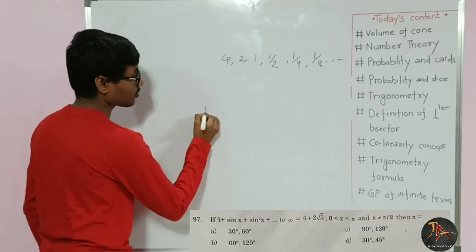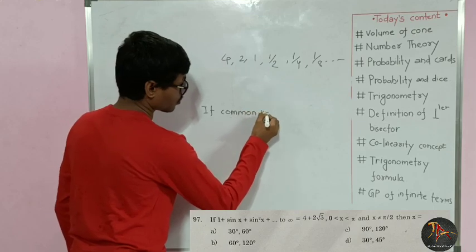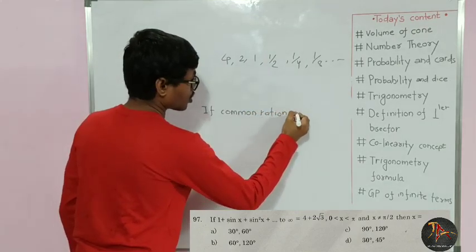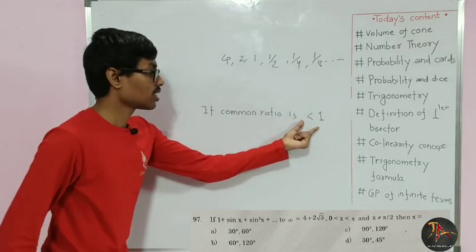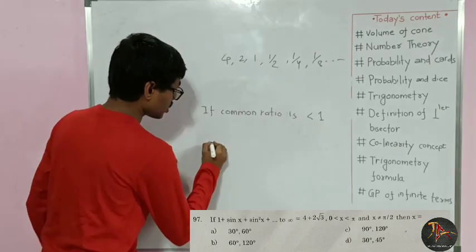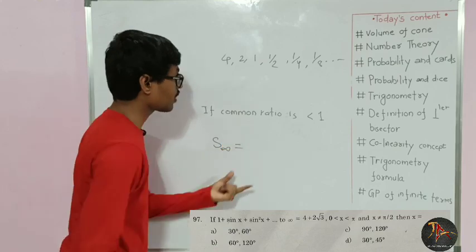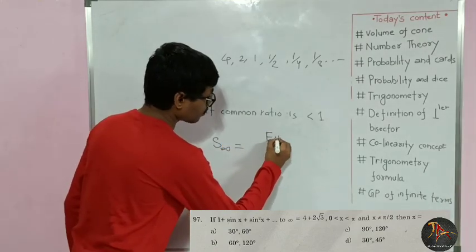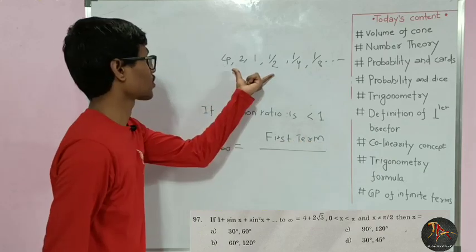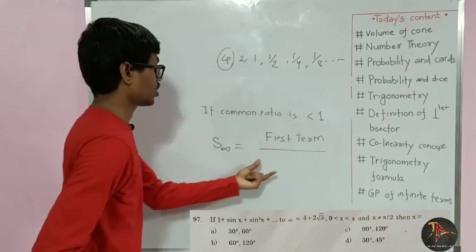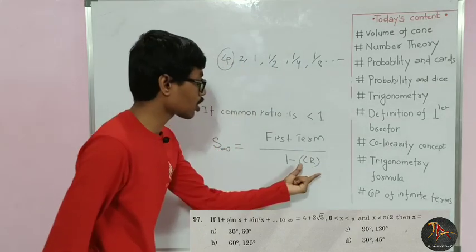Now if the common ratio is less than 1, then the sum of infinite terms is given by the formula: first term of this GP, which is 4, divided by 1 minus common ratio.